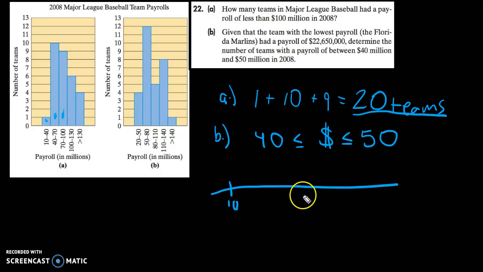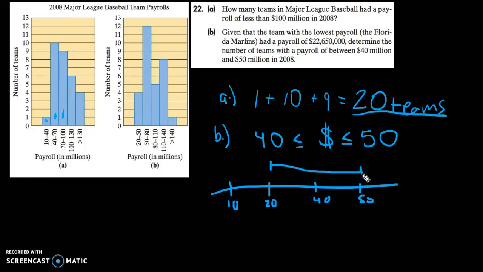And then there's one that goes from 20 to 50. Okay, so they're telling us that between 20 and 50, there's 4 teams.